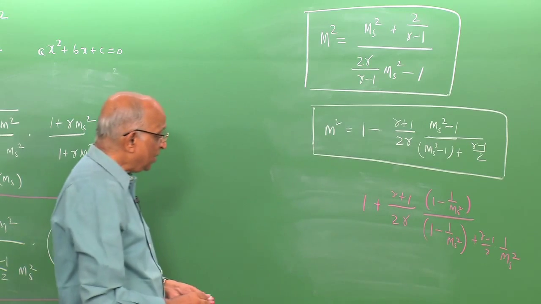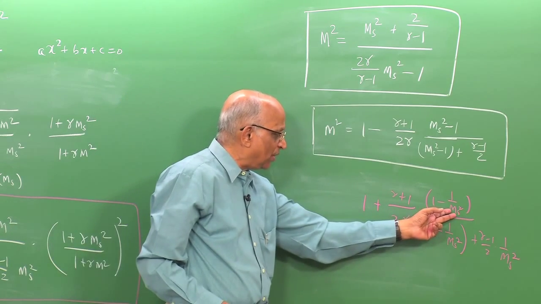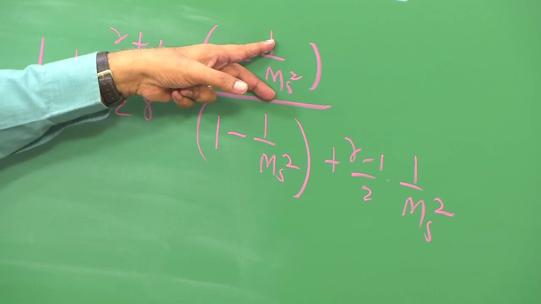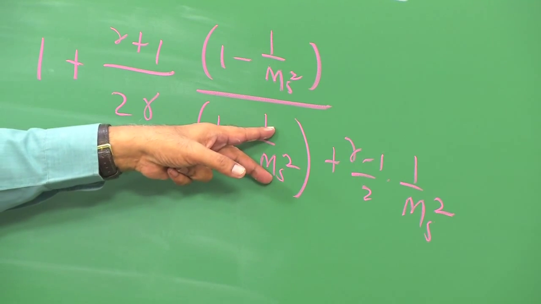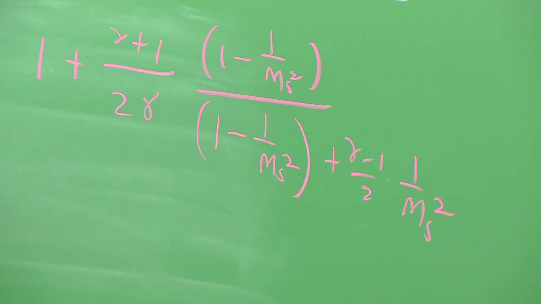Now, in this equation, if I put Ms equal to infinity, this becomes 0, this becomes 0 again, and this becomes 0. What do I get?